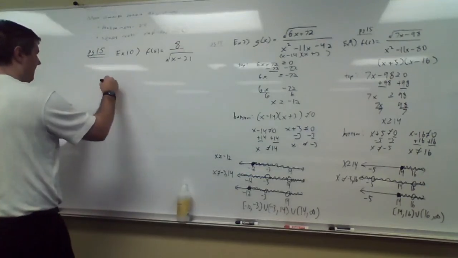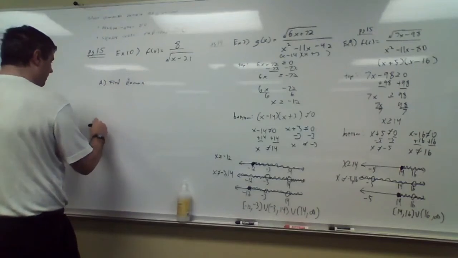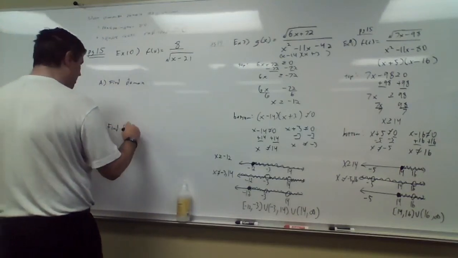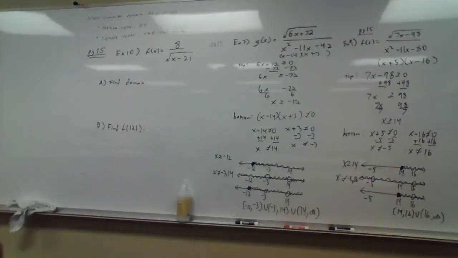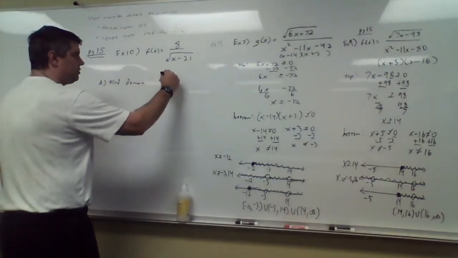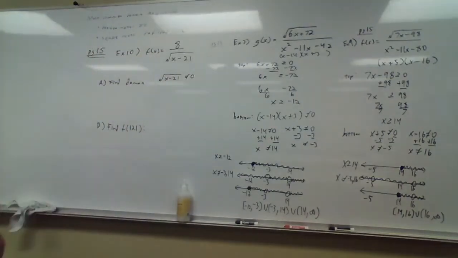A, find domain. B, find f of 121. So domain. The square root of x minus 21 cannot equal 0. Okay?